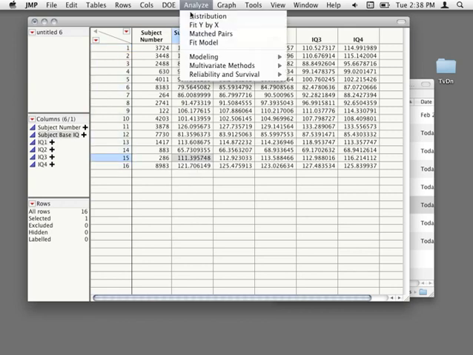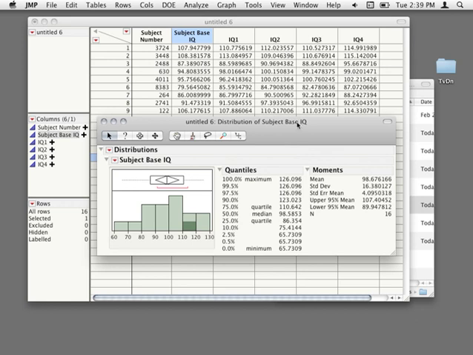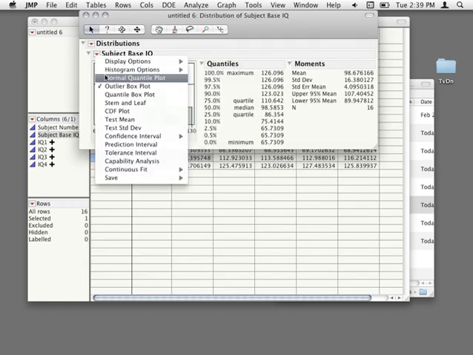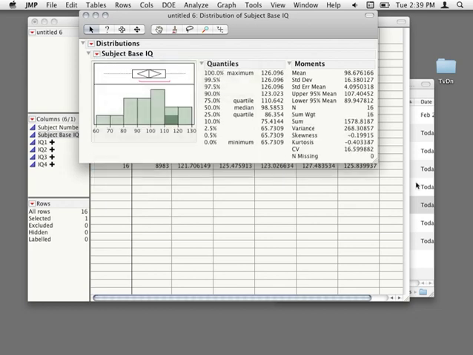Now, just for fun, before we actually run the analysis on this, let's check out the distribution of base IQ here. All right, so this is just our base IQ distribution. I'm going to go under here and actually request more moments. So under display options, more moments. And notice the variance of this is 268. So the variance of my base IQ scores here for these people is 268.